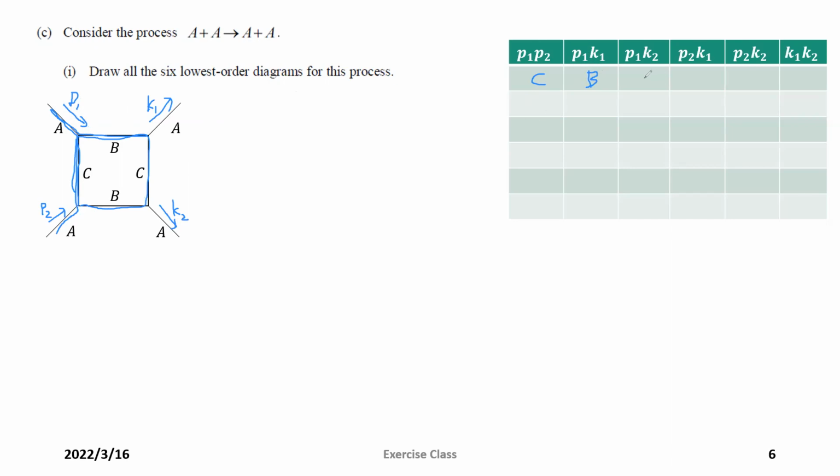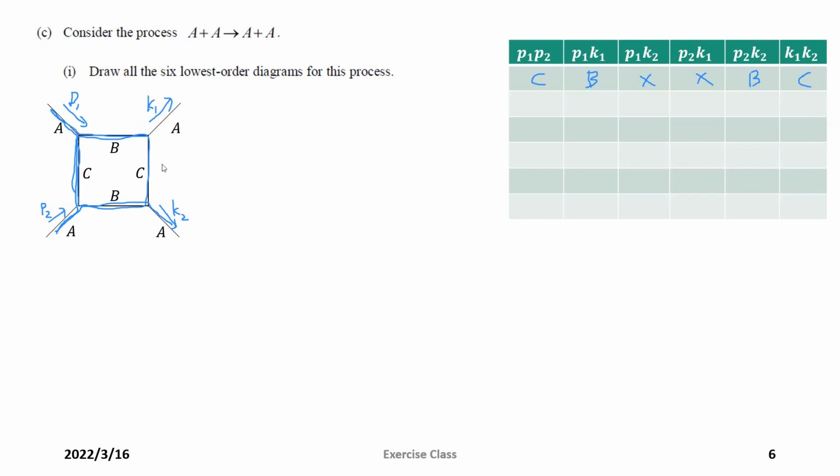And to indicate this, I just put a cross here. And P2, K1, they are also, just put a cross here. And P2, K2, they are connected by the B. And K1, K2, they are connected by C. So that's the connections of this diagram.